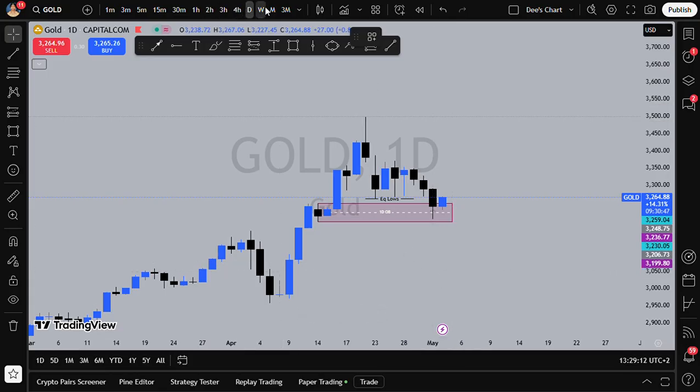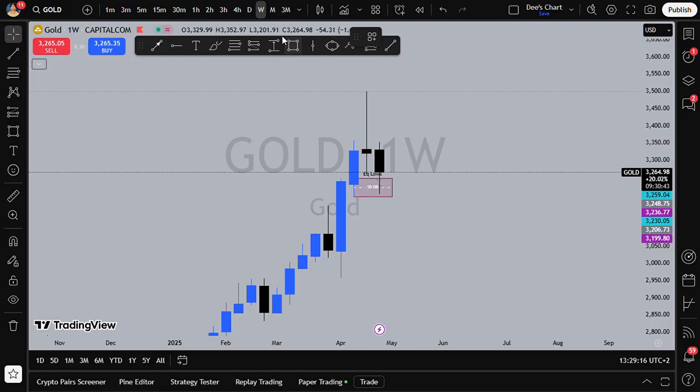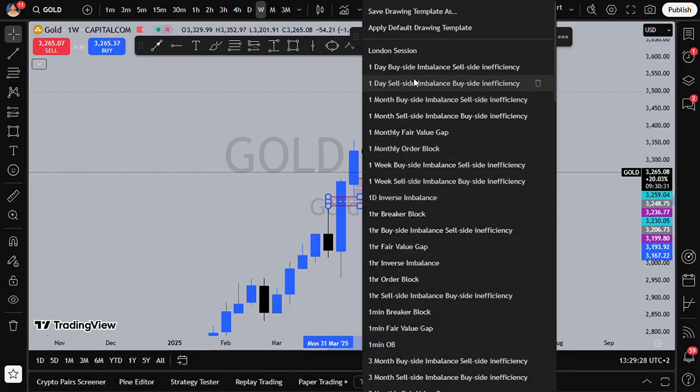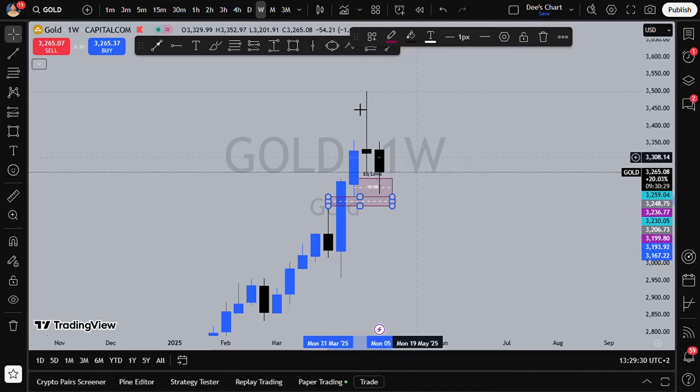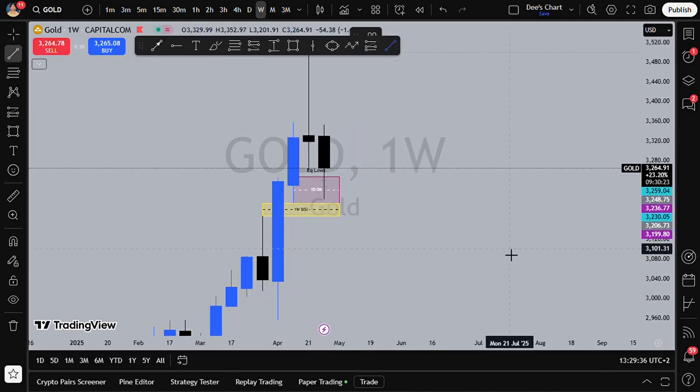Also, the reason I'm anticipating more sells this week is because we've got this weekly buy side liquidity, buy side imbalance. My mind is so focused on liquidity right now, but you should look at understanding liquidity, bro, because it's a great concept to get to know and understand.